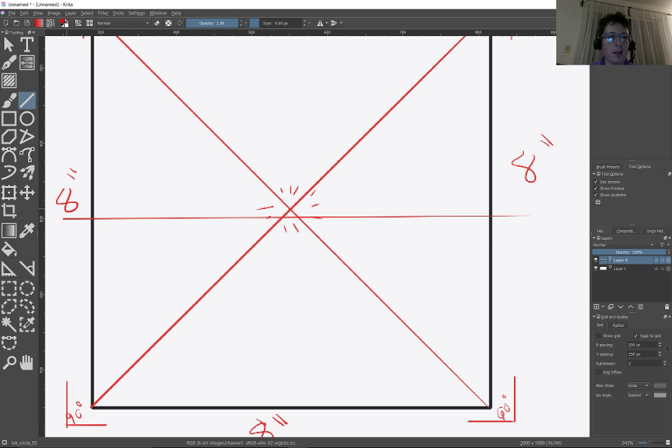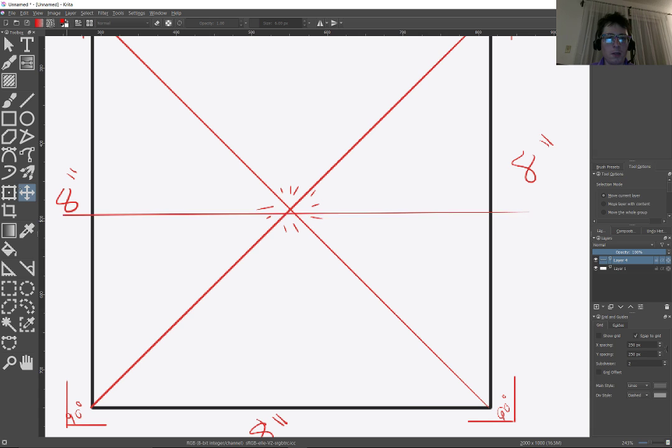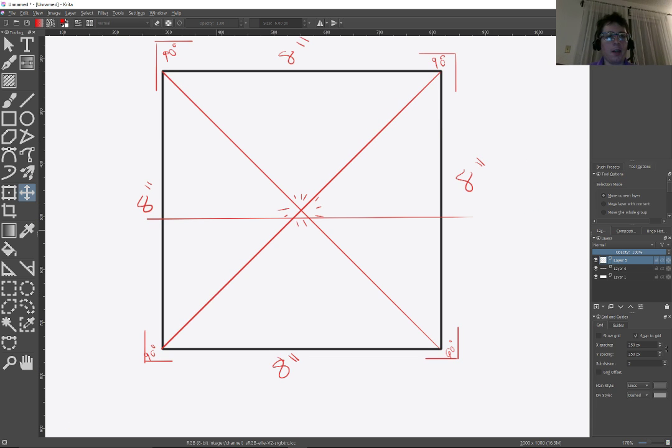So if I have a line going like that, I can use that dot to figure out the exact center line that I need.